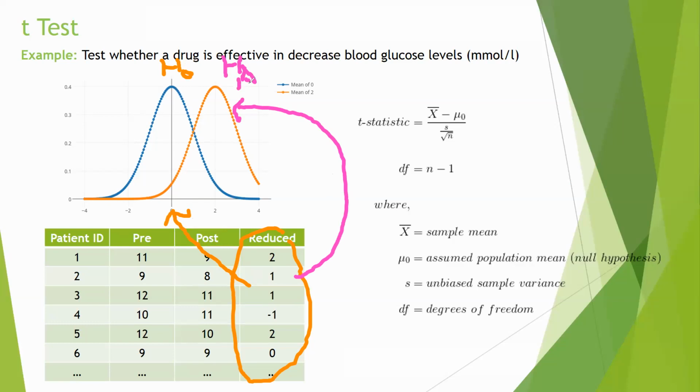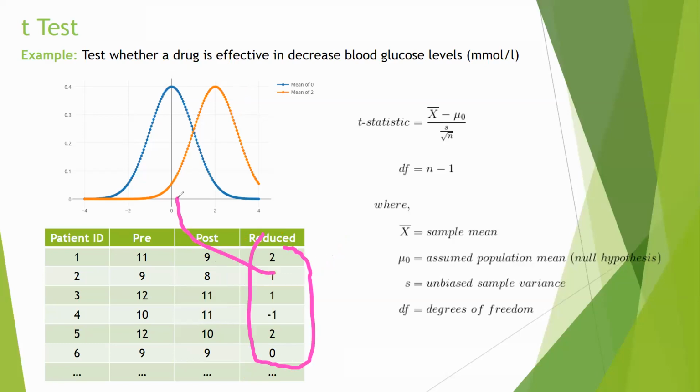I try to link this to our example: here we're talking about two distributions, the null distribution versus the alternative distribution. We just use our data to fit this null model to see if it fits or not. That's easy, right?